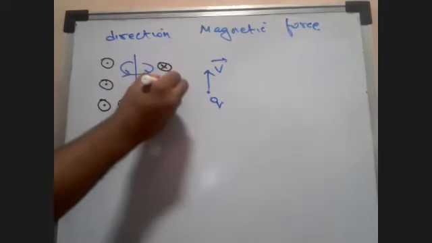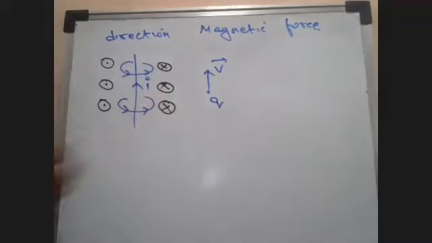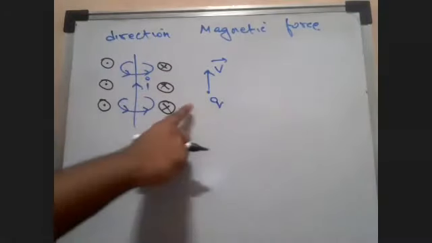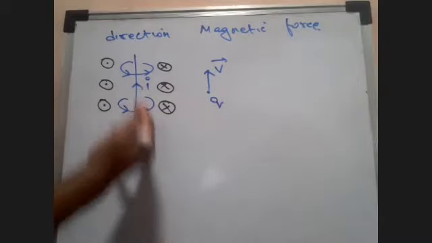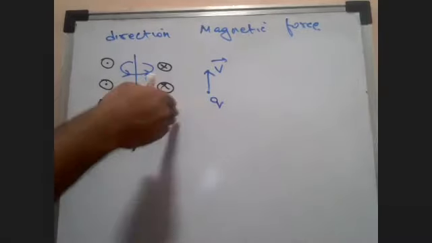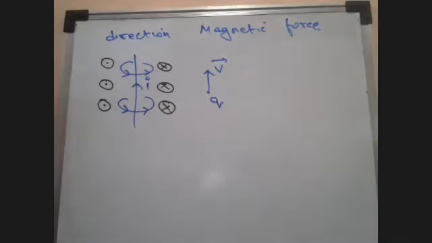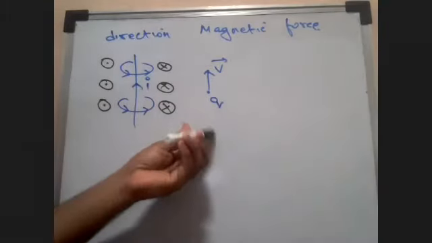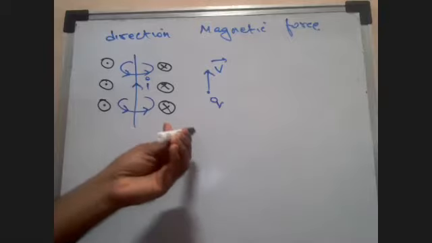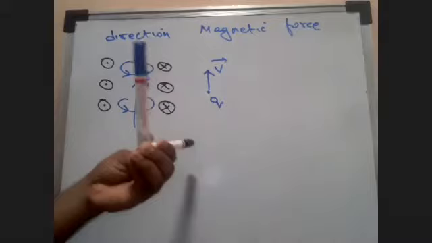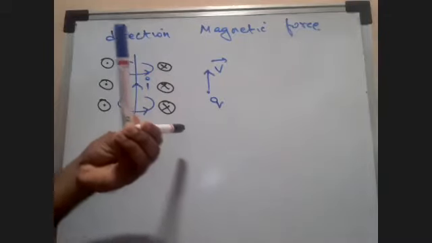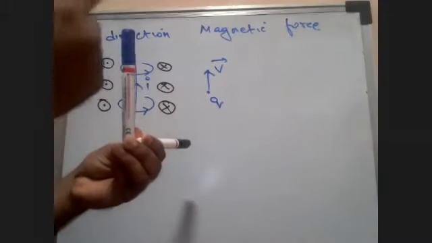If I have kept the charge on the side of the conductor where the magnetic field is going inside, then your magnetic field is towards this direction, inside the plane, and your charge has a velocity v like this.